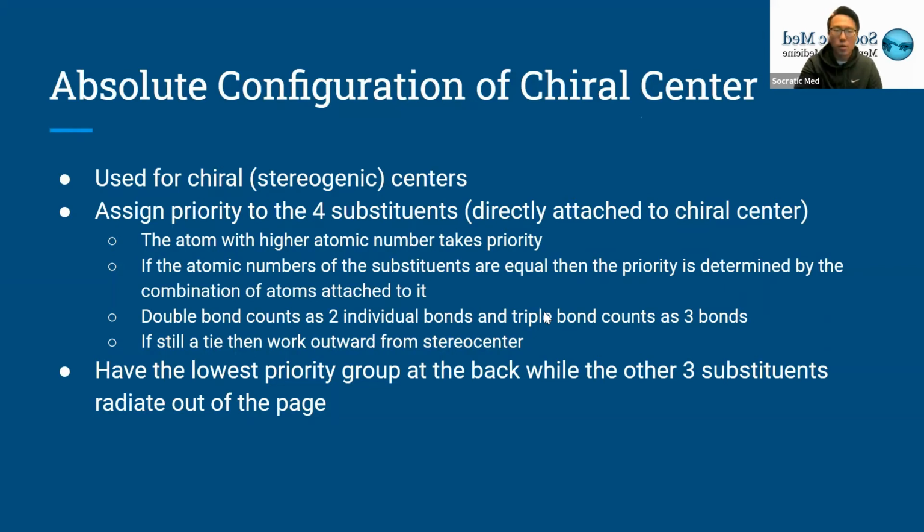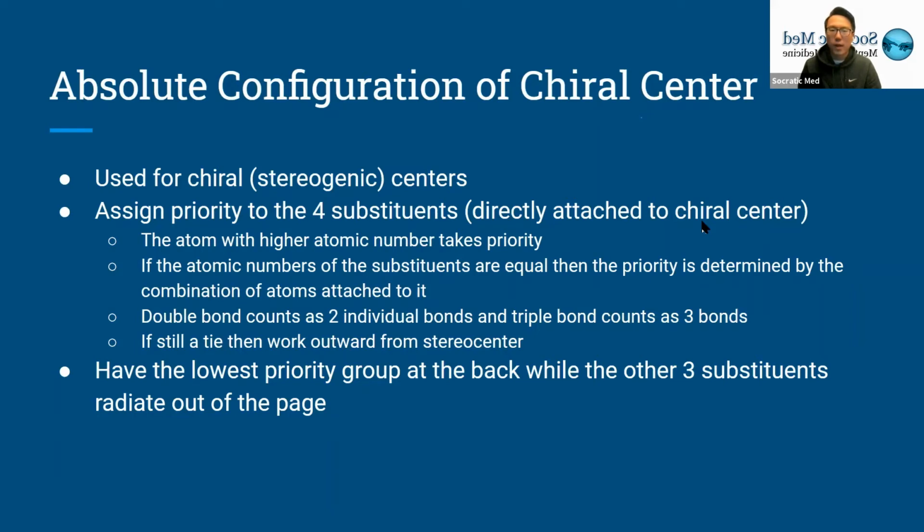If they're both attached directly to a carbon from the chiral center, then look at the other group attached to that carbon. So if one carbon has another carbon attached to it, while the other one has a nitrogen attached to it, then the one with the higher atomic number attached directly to that carbon has the higher priority.